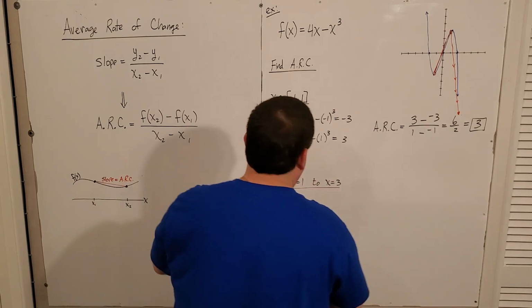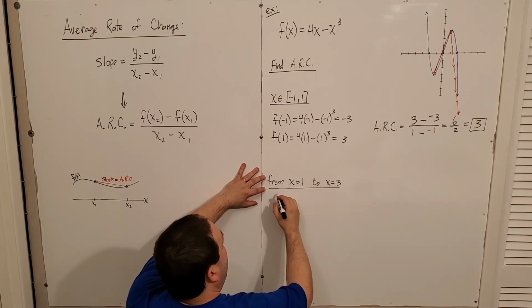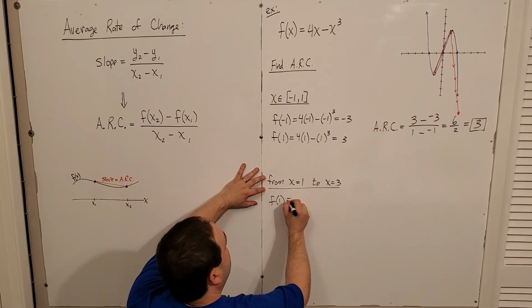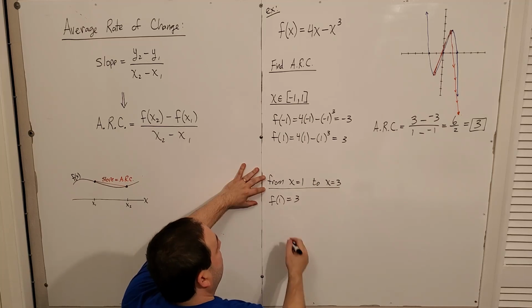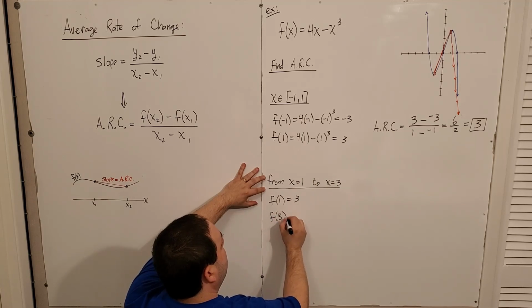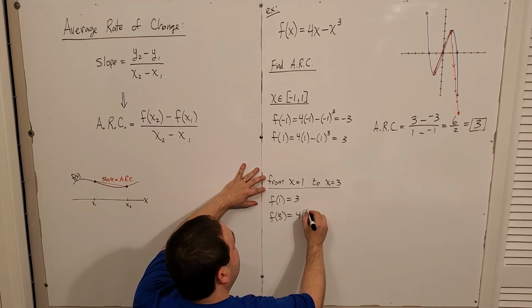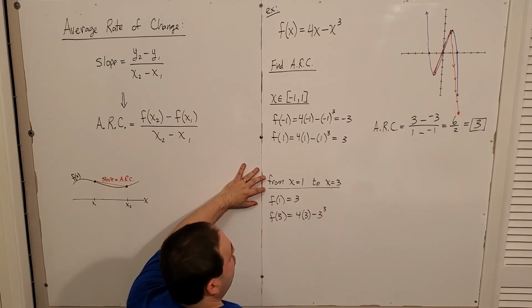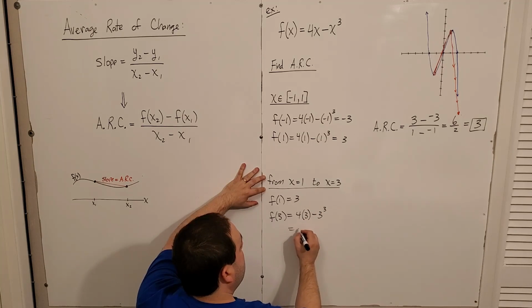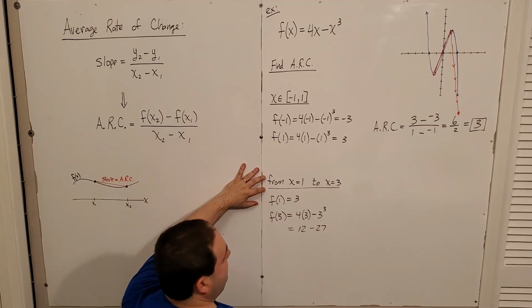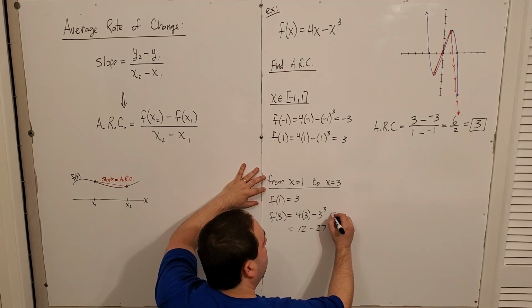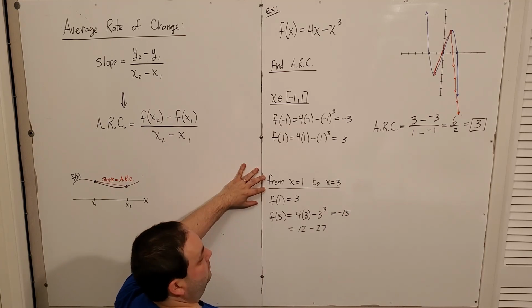Okay, so f of 1 we already know, right? We calculated that a minute ago. F of 3, 4 times 3 minus 3 cubed. That's going to be 12 minus 27, right? Negative 15.